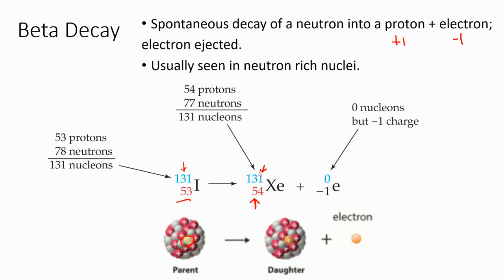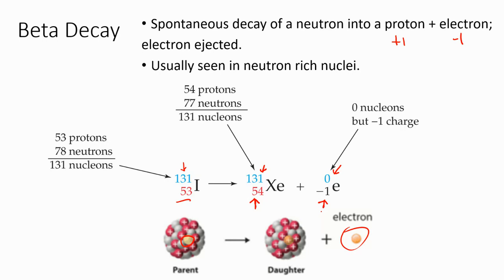In effect, the electron is ejected from the nucleus. And in order to keep this a balanced nuclear equation, as we talked about in a previous video, we'll write the charge of the electron here and the mass of the electron here.